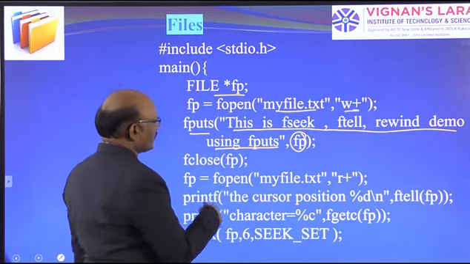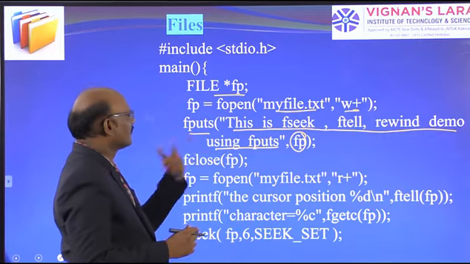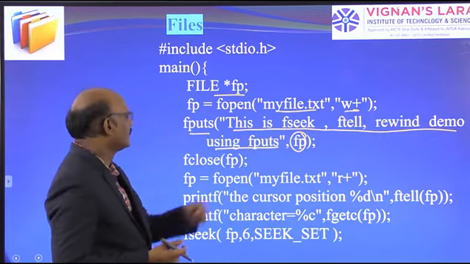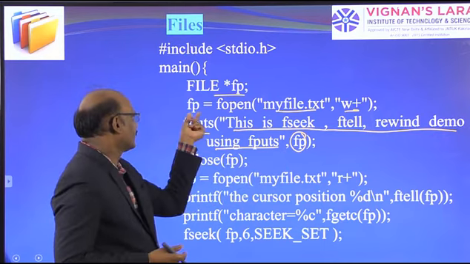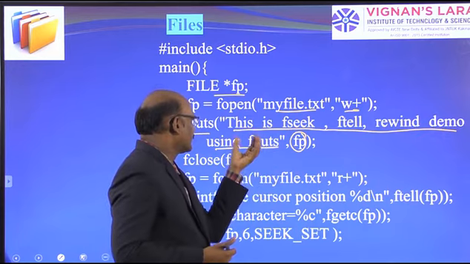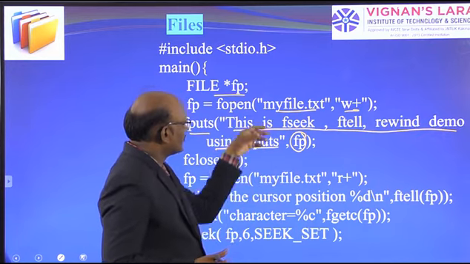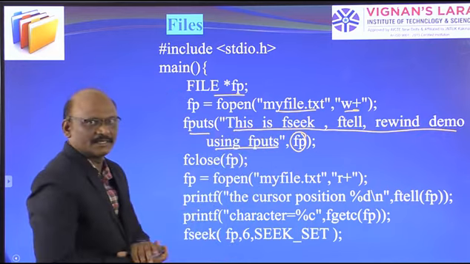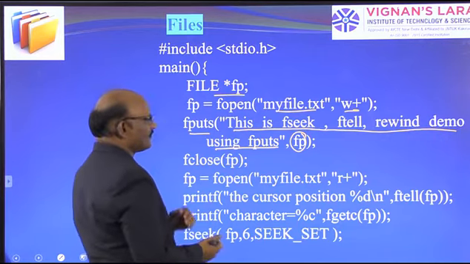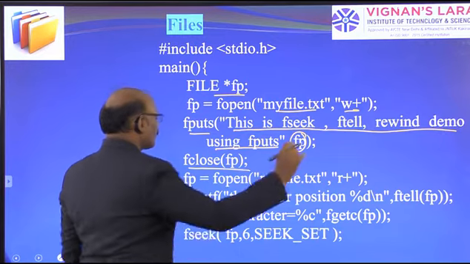So this is a writing operation. The file pointer is associated with myfile.txt, so these contents are written into this file. Right?